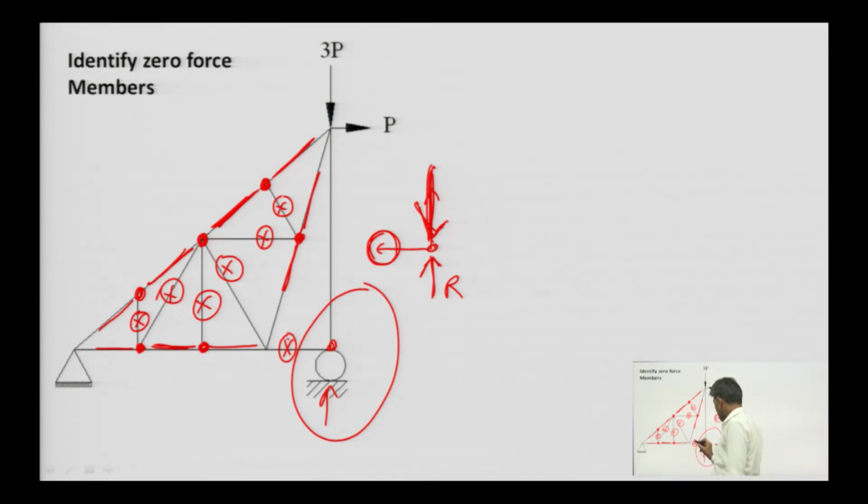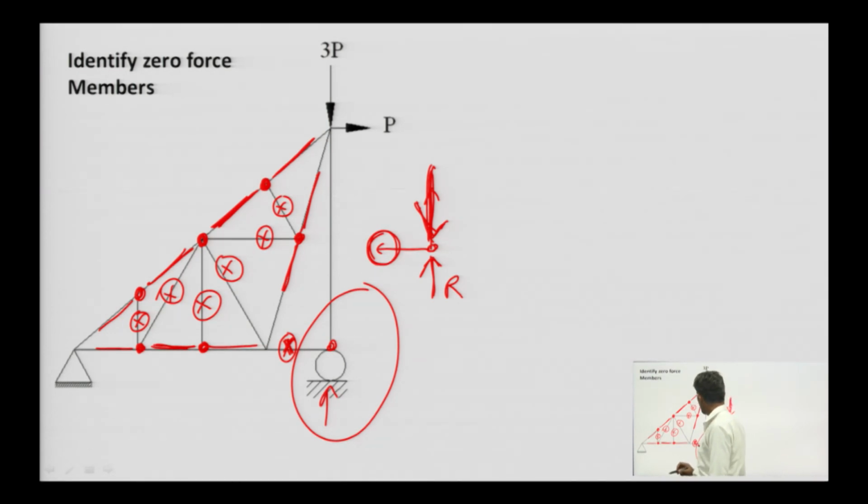Therefore, that member will also be a 0 force member. If this is a 0 force member, since this is collinear, no problem, this is also a 0 force member.